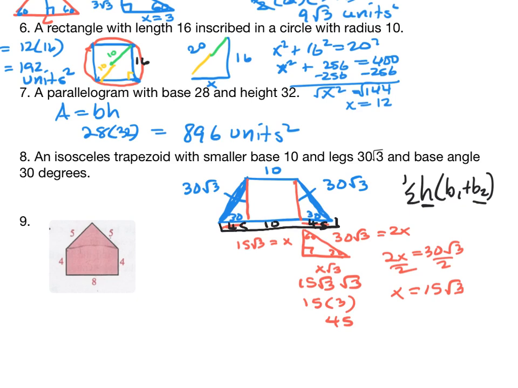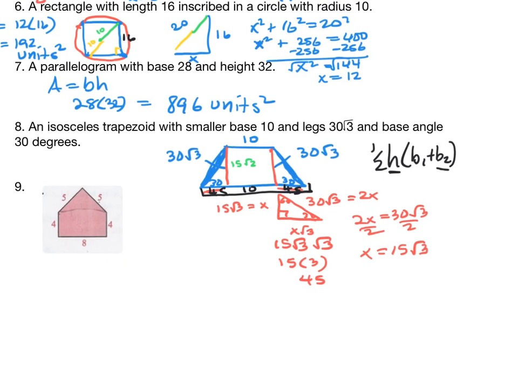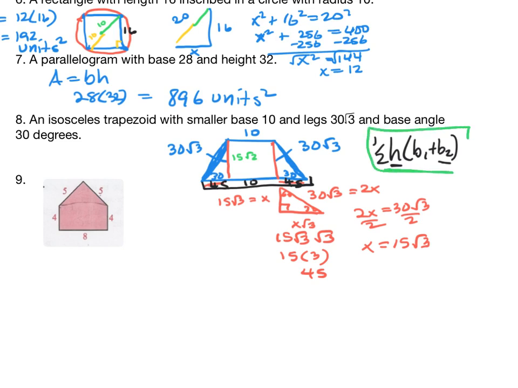The height that we found was 15 root 3. So I'm going to plug it into this formula right here. So 1/2 the height, which is 15 root 3. Base 1 is 10. Base 2 is 100, because I'm going to add 45, 45, and 10.